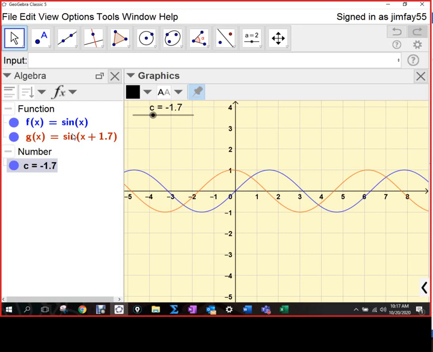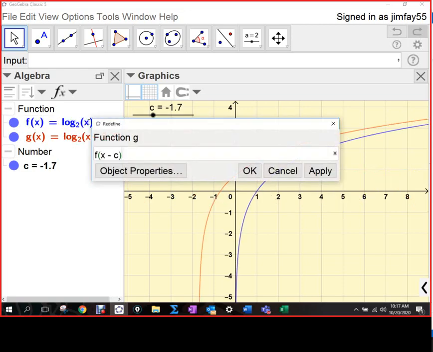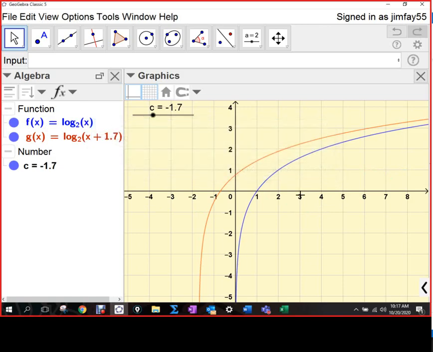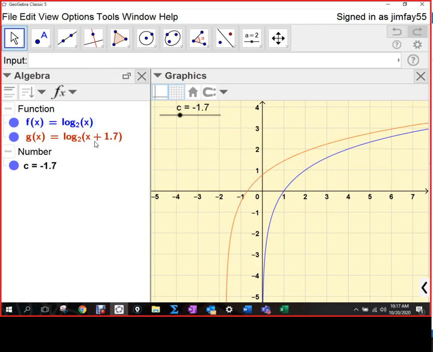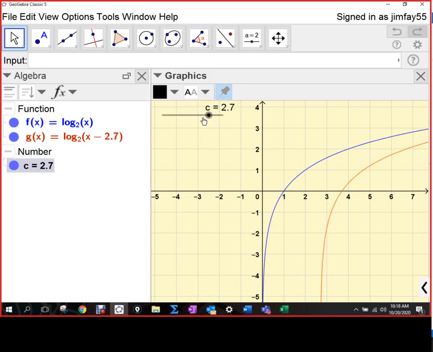What if f of x is a logarithm, let's say log base 2 of x? Even if you might not have any idea how to graph a logarithm right now, do you see that this relationship is still adding to the x before I run it through the logarithm, and that is still a left and right movement?